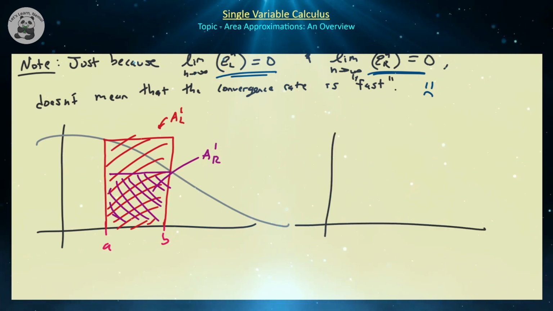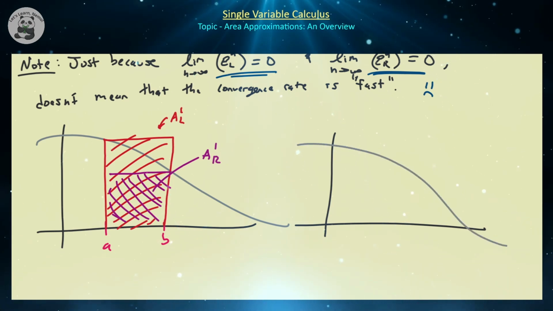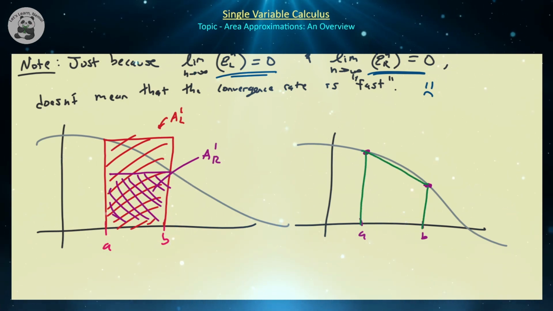Can you draw a simple shape that can easily do this? If so, what you can do is, again, let's go from A to B. And what we're going to do is we're going to go to that height and go to that height and connect them. And then we're going to find the area underneath that shape.